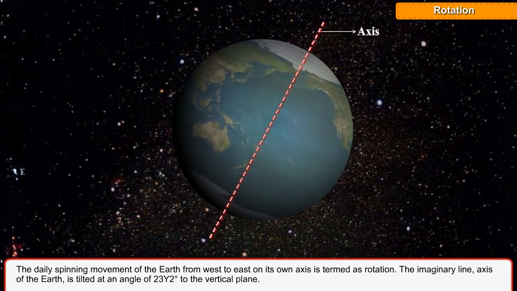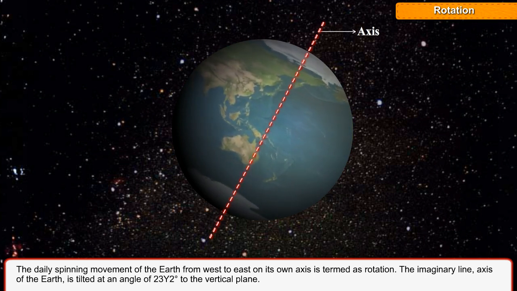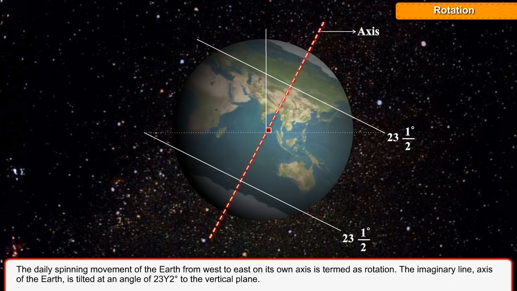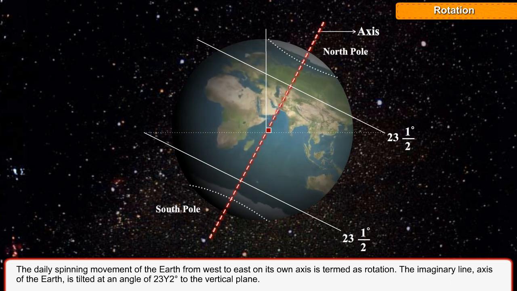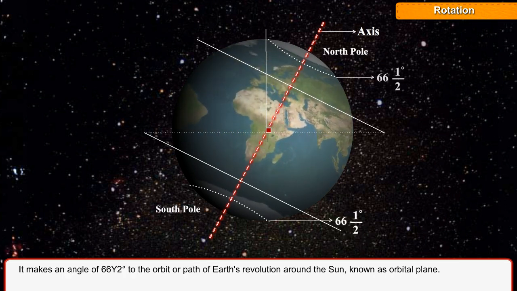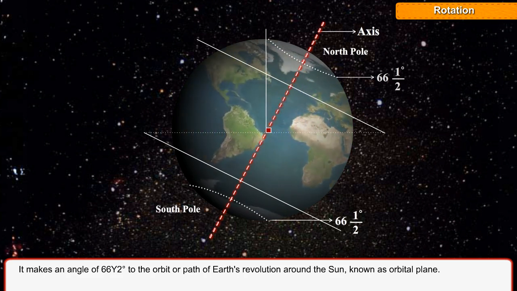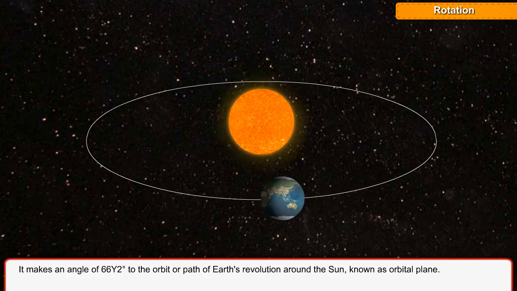The imaginary line, axis of the Earth, is tilted at an angle of 23.5 degrees to the vertical plane. It makes an angle of 66.5 degrees to the orbit or path of Earth's revolution around the Sun, known as orbital plane.